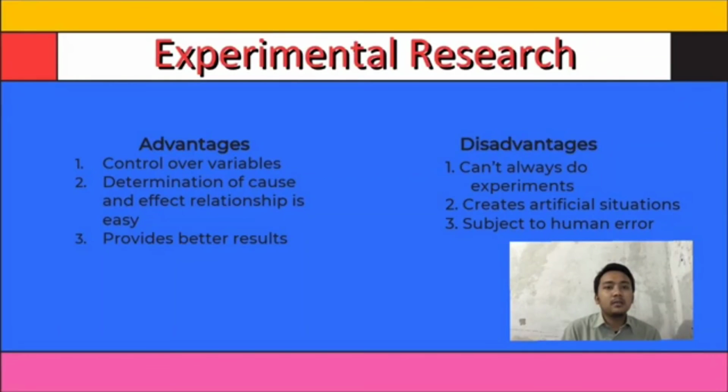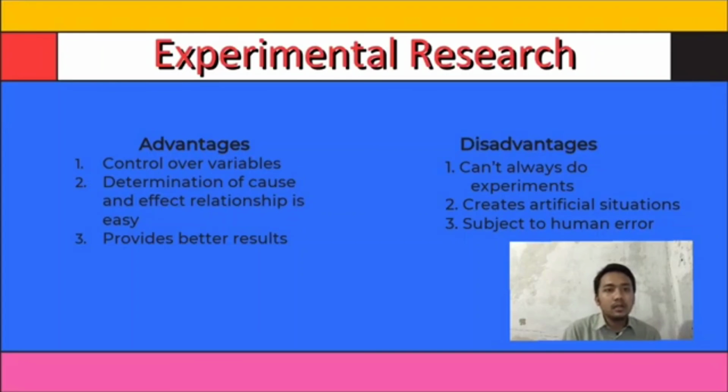Disadvantages of experimental research. Number one is cannot always do experiments. It means several issues such as technical or practical reasons can hinder an experiment from ever getting started.